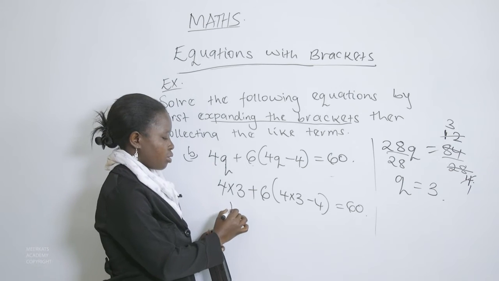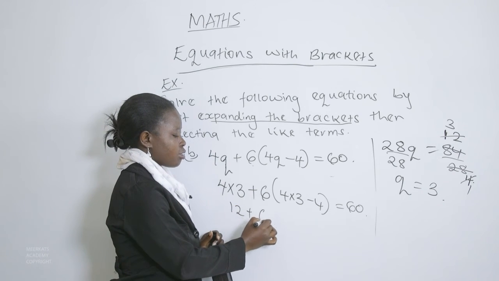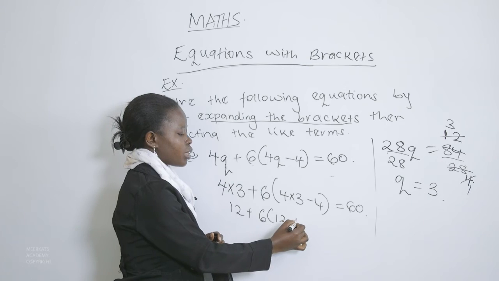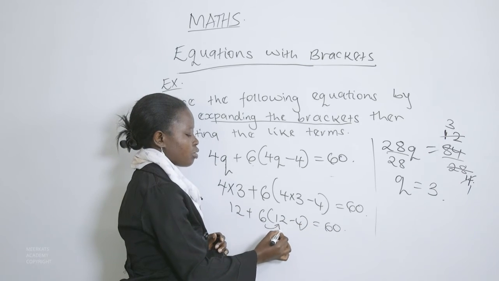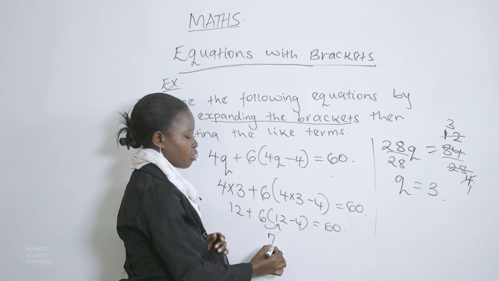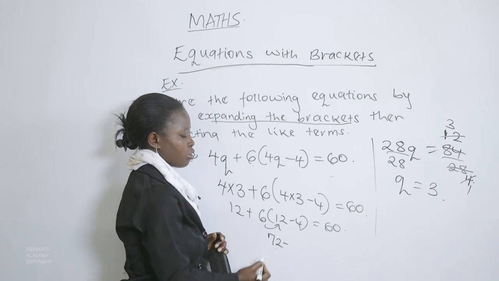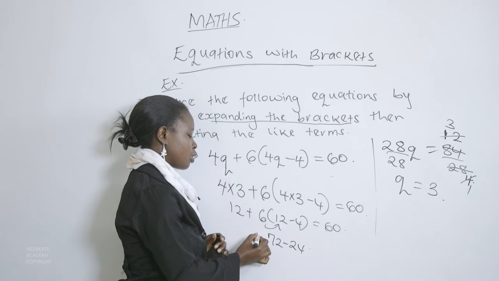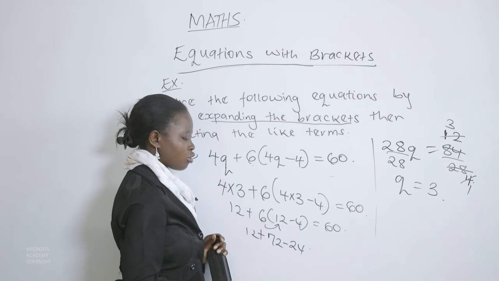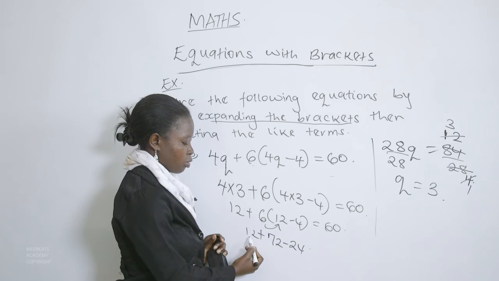So this means that this is 12 plus 6 into 12 minus 4 is equal to 60. So this will mean that 6 times 12 is 72 minus 6 times 4, that is 24, plus 12. We want to find out if it will be equal to 60.